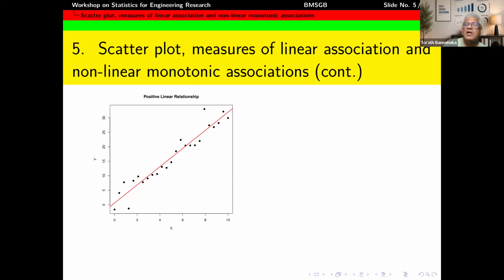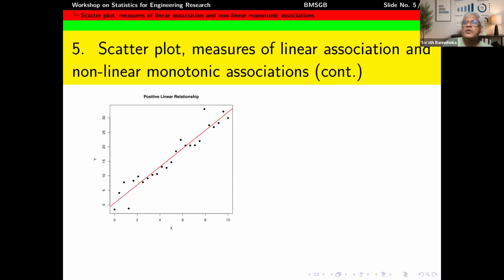For that, the graph itself is not sufficient, because the same graph, if you draw it using a different scale or in a larger graph, you might see that these points are more scattered. If you draw the same picture in an even smaller area like this, all the points will look close to the line. So whether the points are close to the line or far away from the line cannot be directly observed using a graph.